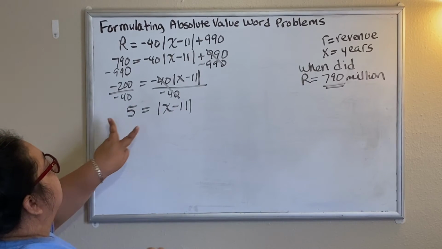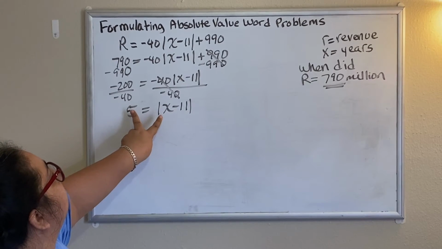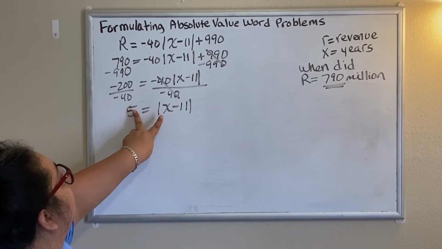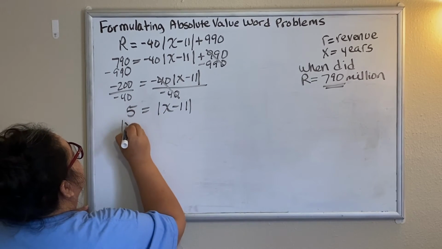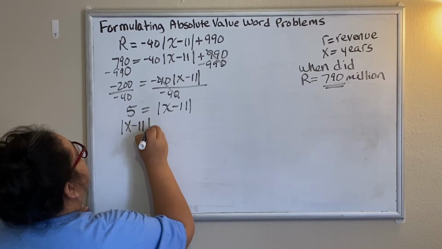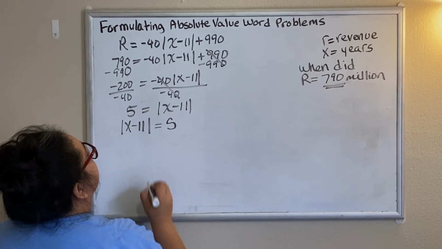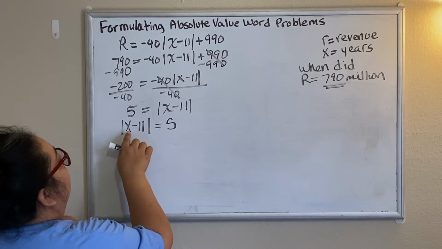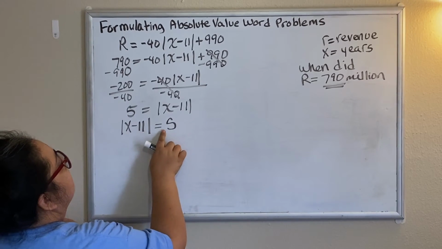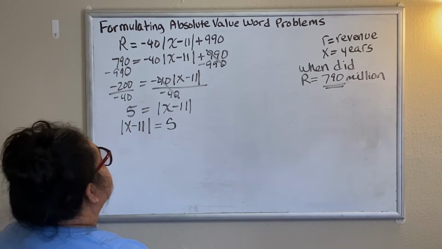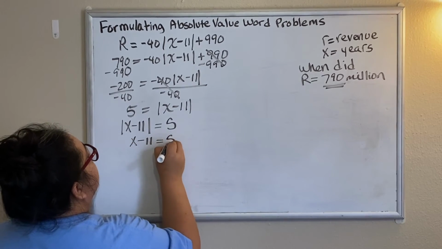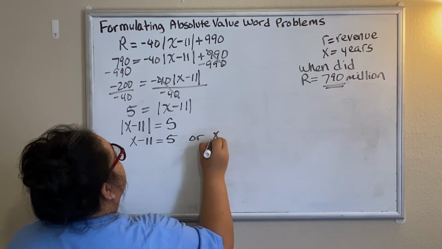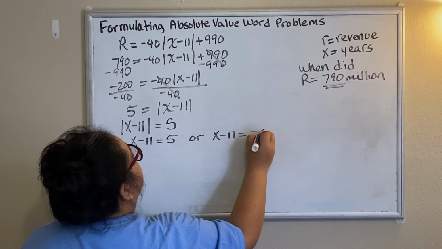Let me use the commutative property and flip this around, and we're going to say the absolute value of X minus 11 equals 5. And now it looks like our X minus C equals R. So we can set up two equations. X minus 11 equals 5, or x minus 11 equals negative 5.